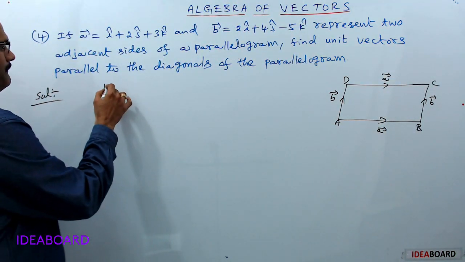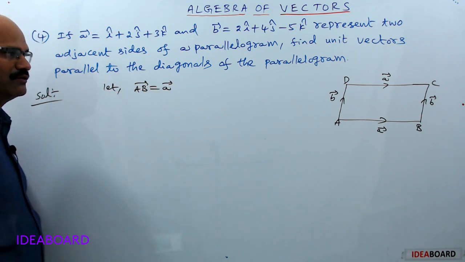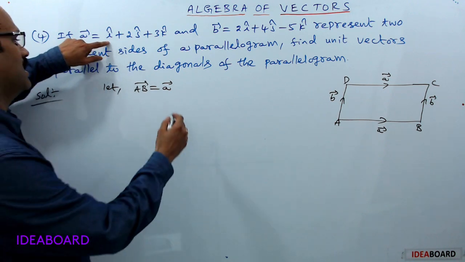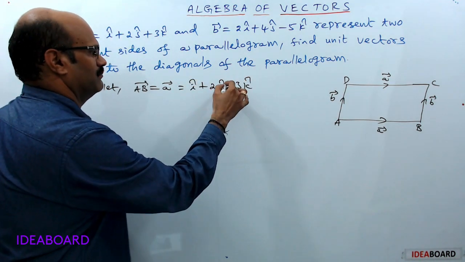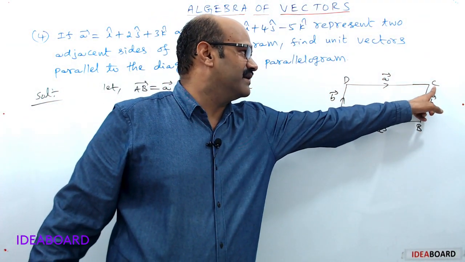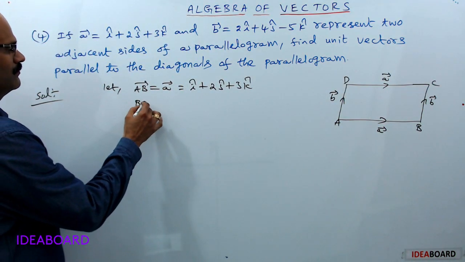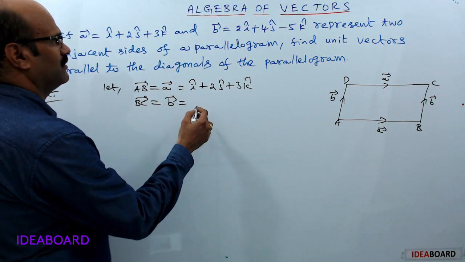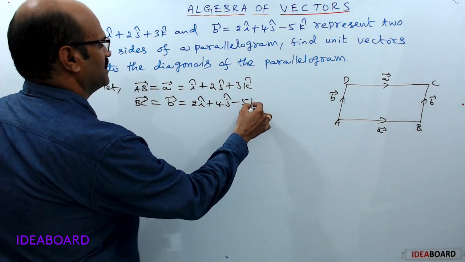Let AB vector equal to a vector equal to i cap plus 2j cap plus 3 into k cap. One more side you take it as BC vector equal to b vector here. b vector equal to 2i cap plus 4 into j cap minus 5k cap.